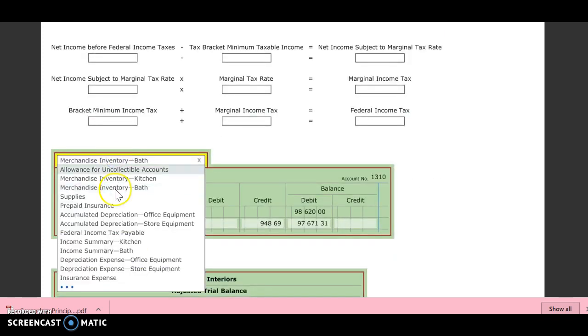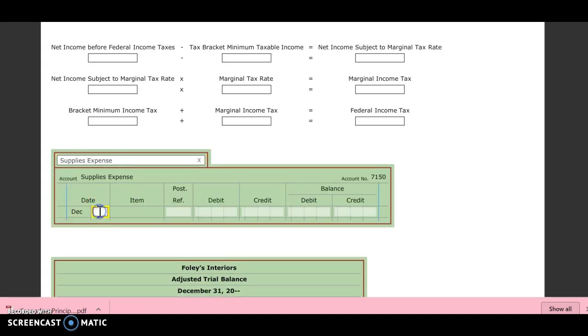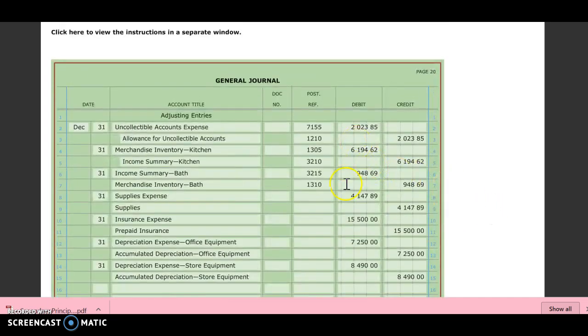Supplies expense. 31st, G20. 4,147.89. 4,147.89. 7150.